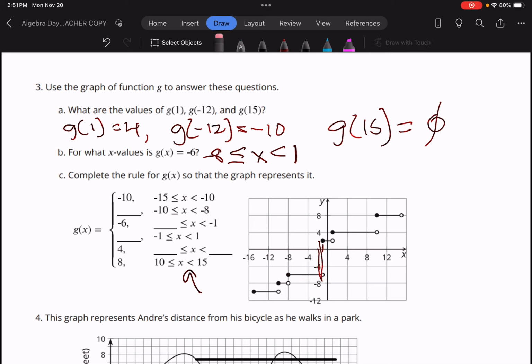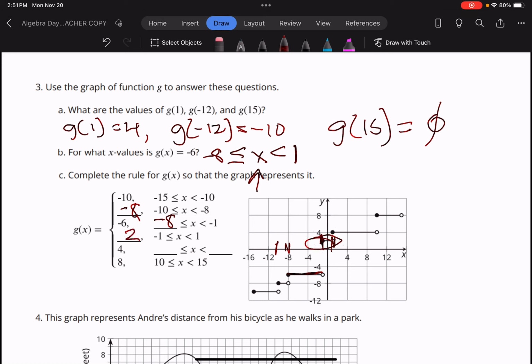All right, now we're going to fill in the rest of the table. Negative 6 we did right here, so between negative 8 and negative 1, this is a y value of negative 6. Between negative 1 and positive 1, we have approximately a value of positive 2.